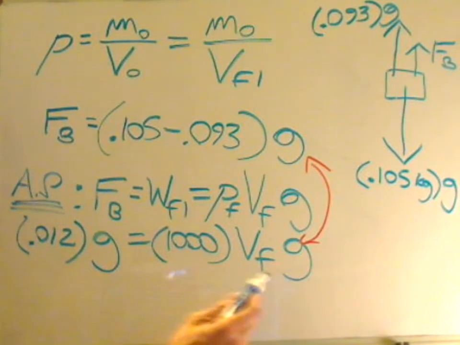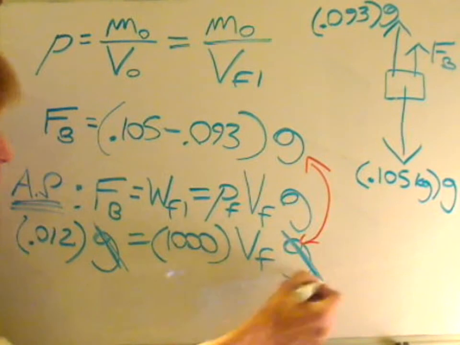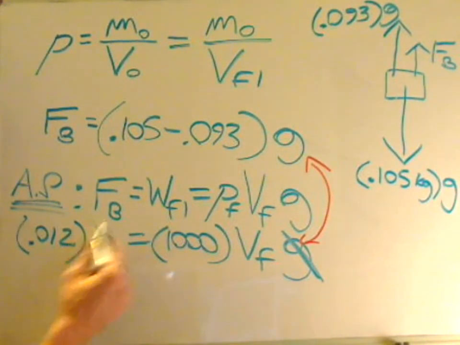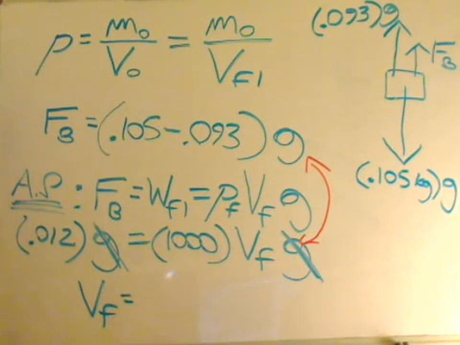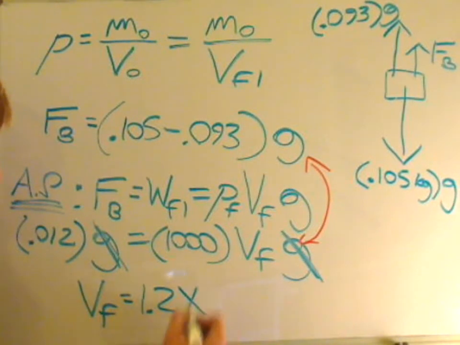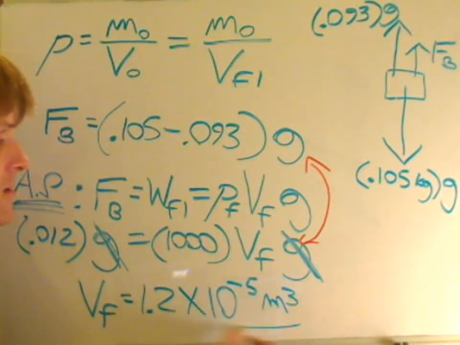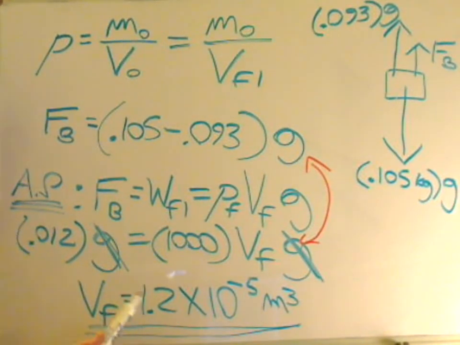So those are equal. The g's cancel. And that allows us to calculate the volume, 0.012 divided by 1,000. That gives a volume for your object that is 1.2 times 10 to the minus 5 cubic meters. So that's really the important step in this problem.